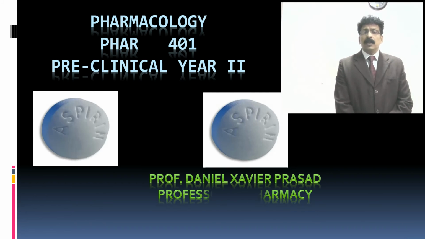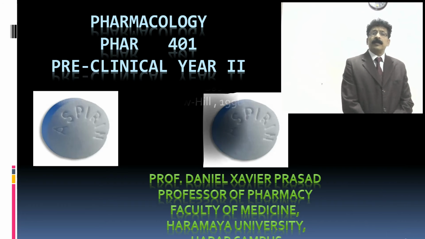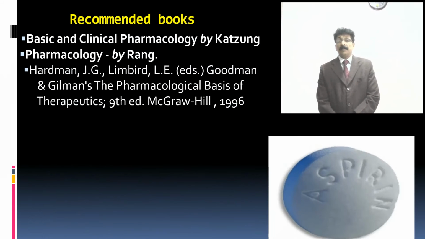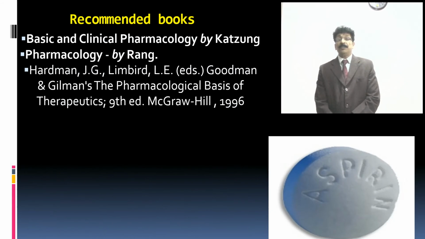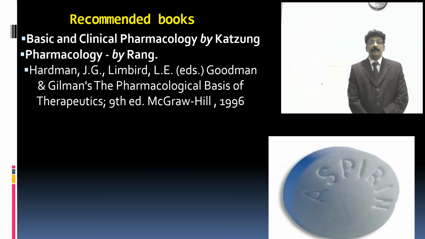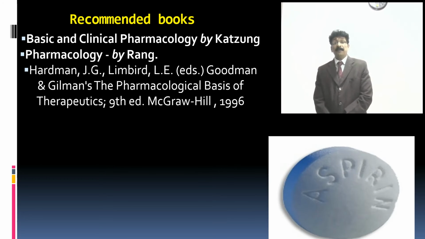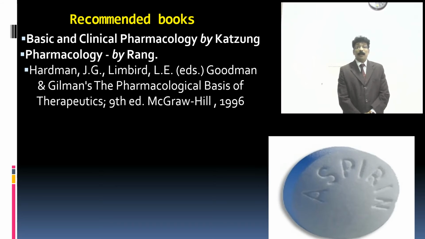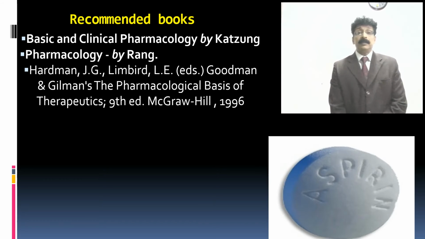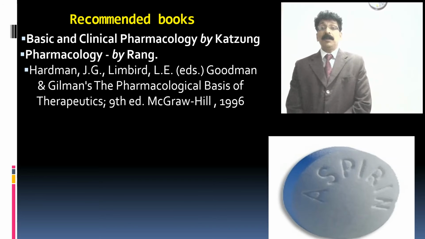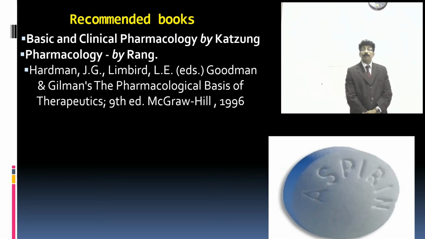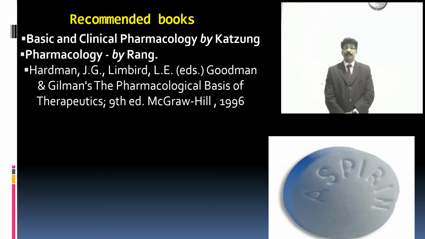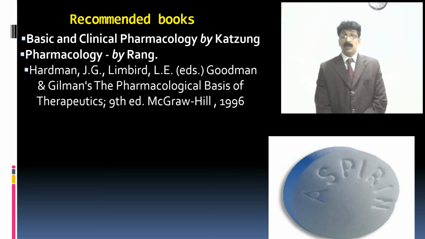So here are the recommended books for your reference. You can see Basic and Clinical Pharmacology by Katzung, Pharmacology by Rang, and what everybody used to call Goodman and Gilman, Hardman, Limbird, edited, Goodman and Gilman's The Pharmacological Basis of Therapeutics, 9th edition, and now the new edition is also available.